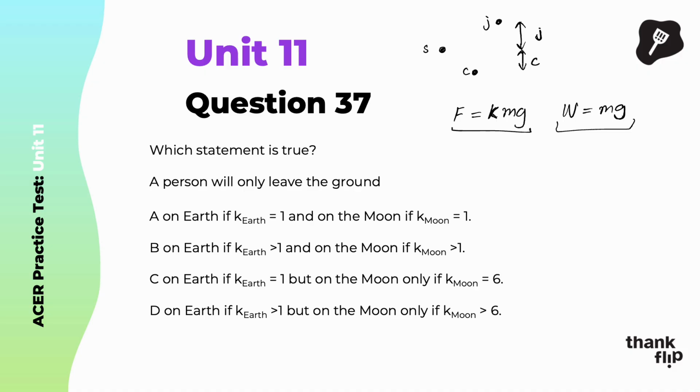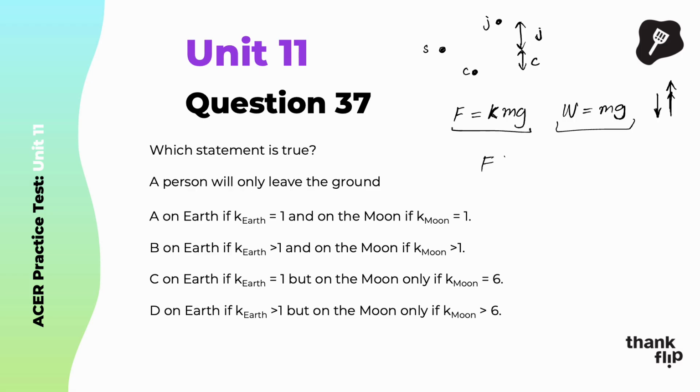All right, so thinking about needing to jump, the force that's actually required to leave the ground has to be greater than your weight, right? Because your weight is the force that's pushing down when you're standing, and then the force that's required to jump, if you want to leave the ground, you have to have that force be greater than your weight.